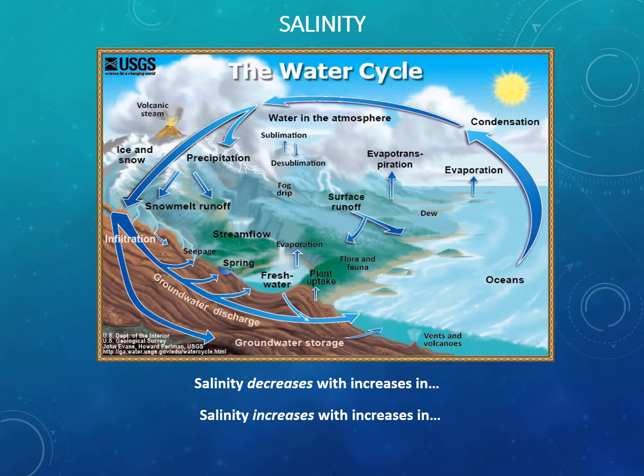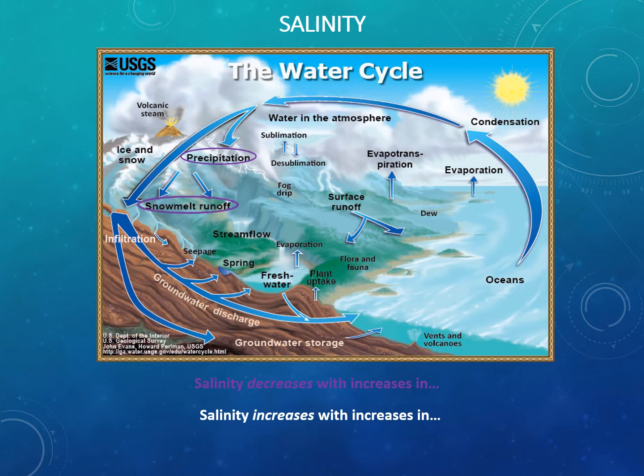Salinity of a coastal environment changes in different places, depending on what parts of the water cycle are affected. This is connected to climate belts, which correspond to different latitudes, as well as changes to seasonality. Salinity of the ocean decreases, so it goes down, with increases of the following. Increased precipitation will decrease the salinity of the ocean.